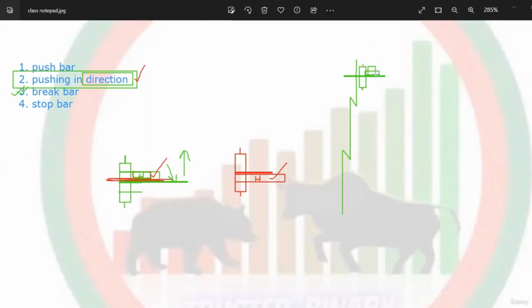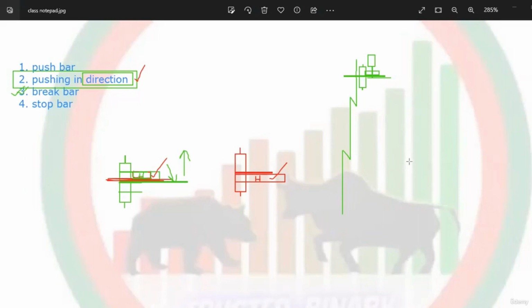Why does it get rejected? Because when sellers come here into the buyers' area where buyers' volume is high, that means buyers are very strong at that point. They reject the sellers, and that's why buyers continue in the same direction. So when sellers enter this room or come below this level, we can enter from here in the upward direction.